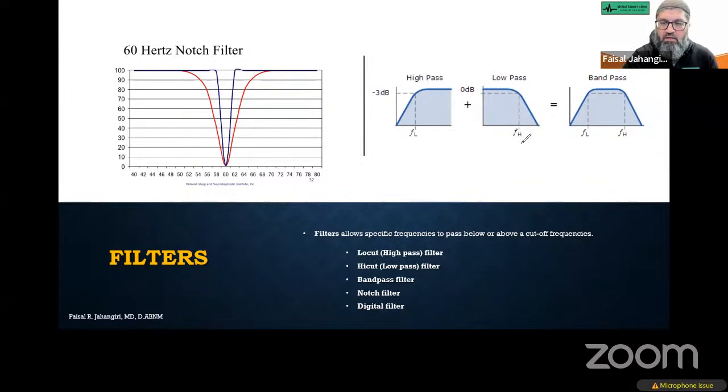We don't want EMG and the high frequency signal produced by the muscles on the scalp or the face. So we use about 500 hertz for high cut and 30 hertz for low cut. That gives us a range known as a band pass filter. A band pass filter is a bandwidth for which the signal is passing. It's a combination of the low cut and high cut.